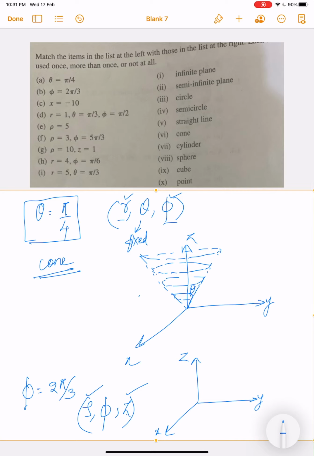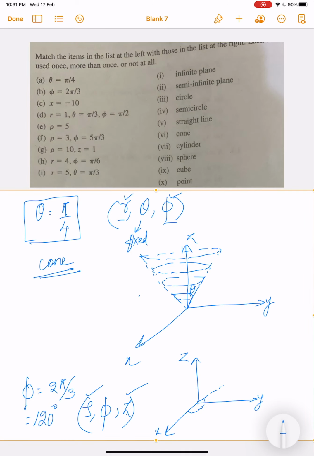Phi is basically the angle that one draws from the x-axis. This is 2 pi by 3, that means it is 120 degrees. It will be somewhere here. Just the flat portion, consider your floor otherwise.